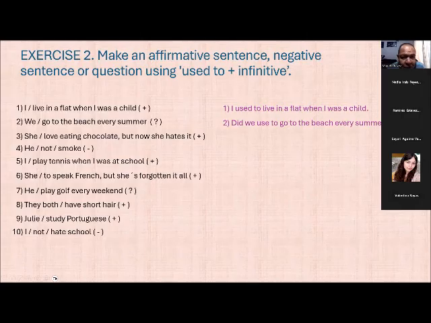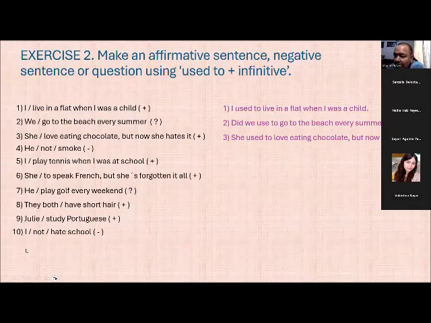Okay, another volunteer, please. Please, Santelis. She used to love eating chocolate, but now she hates it. Yes, you're right. She used to love eating chocolate. Thanks a lot. Okay.